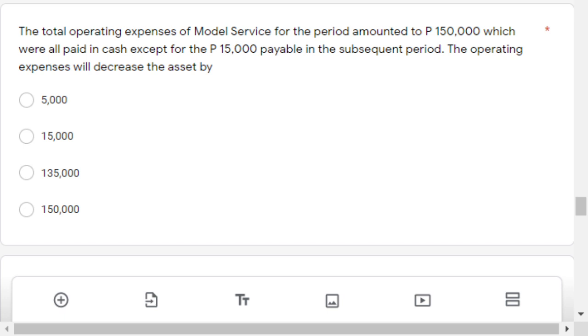So, ang nangyari lang naman dito sa transaction na ito, nagbayad daw ng mga expenses, pero yung 15,000 babayaran na sa susunod na period. Ibig sabihin magiging liability yun. So, kung gagawa natin ng entry, ang sabi niya dito, the operating expenses will decrease the asset by.